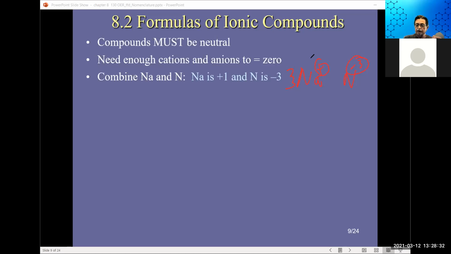That 3 I wrote in front of the sodium ion will become the subscript for the formula. And that is my formula: Na3N, subscript 3, nitrogen. In this case, nitride. The name would be sodium nitride.